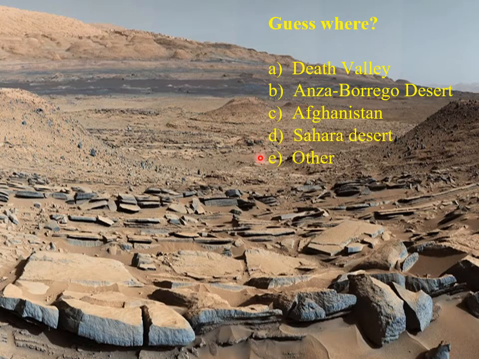Or am I trying to trick you here, and is this something completely different? Well, maybe you've guessed it. This is nowhere on Earth. This is actually a desert on Mars, and this is an actual photograph taken from the surface of Mars. It almost gives us a sense like we're standing on the surface of Mars and hiking around and exploring another planet.